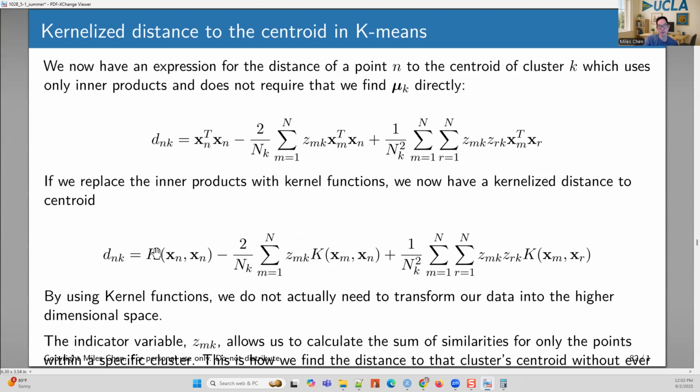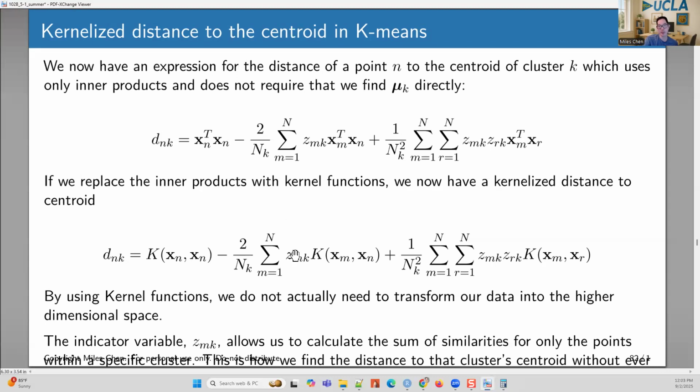So here I can do the kernel function between xn and xn. Here I'm looking at xm transpose xn, and we will have the kernel function between xm and xn. And then here we're looking at xm transpose xr, and I'll have the kernel function xm xr. Okay. And so this is, what is the distance between point n and the centroid of cluster K?